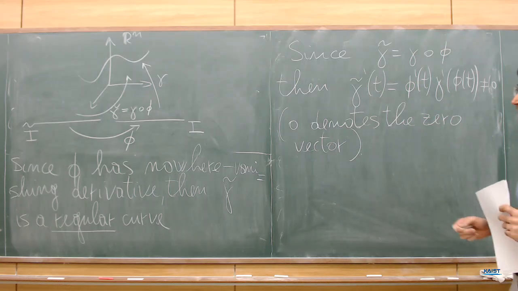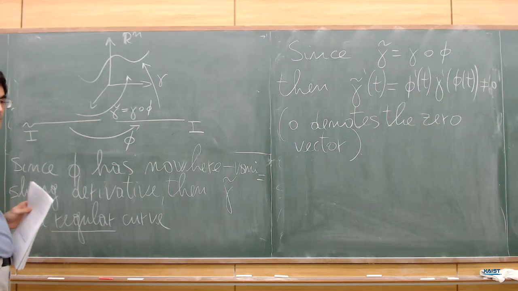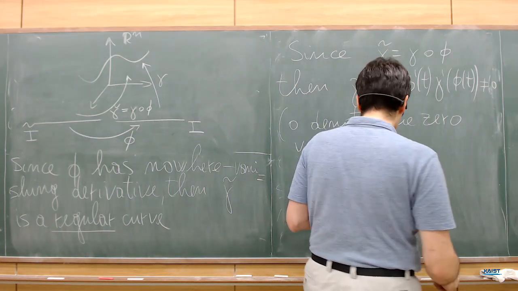Since phi prime is different from 0, then it has a constant sign.